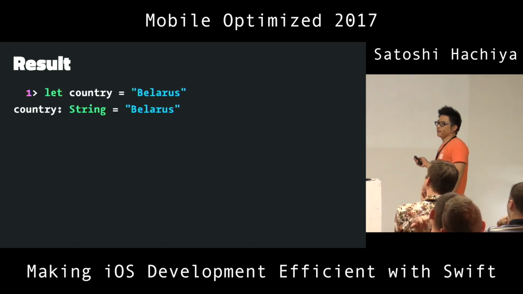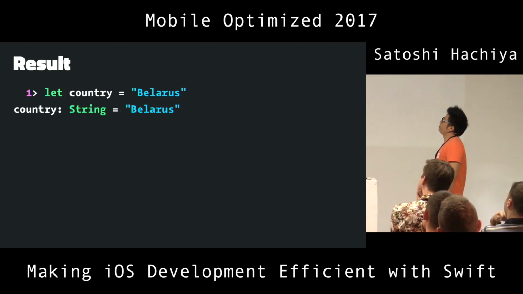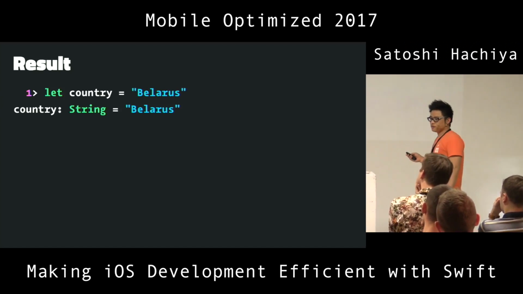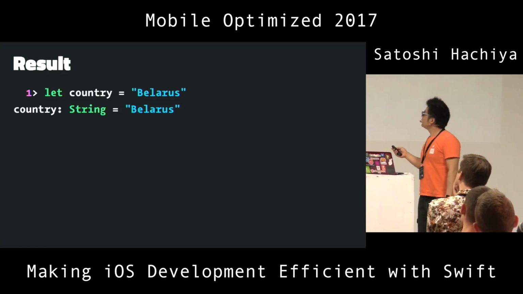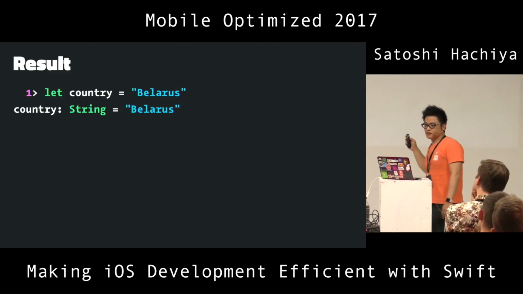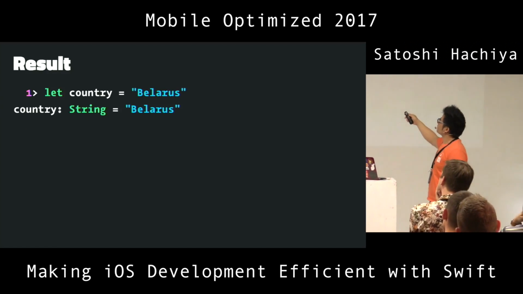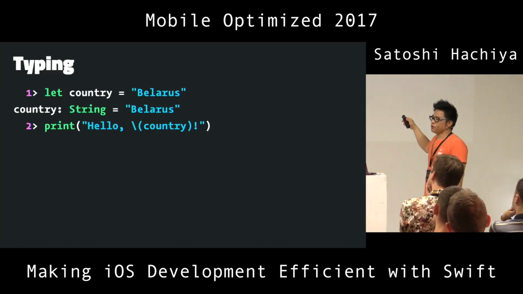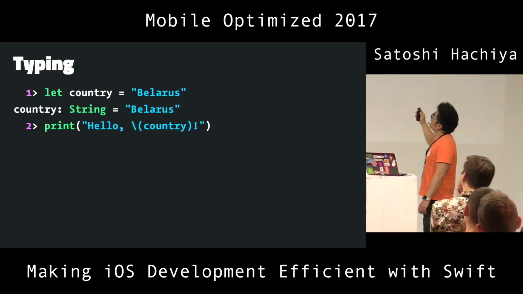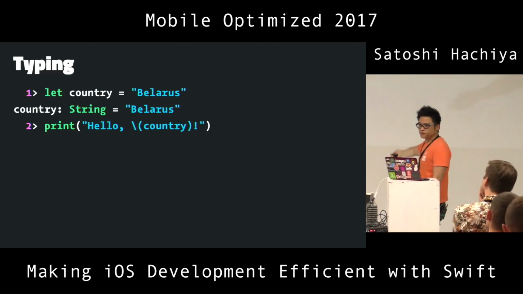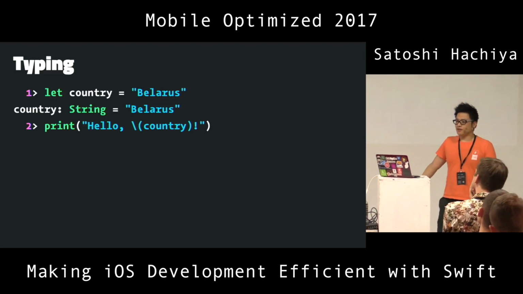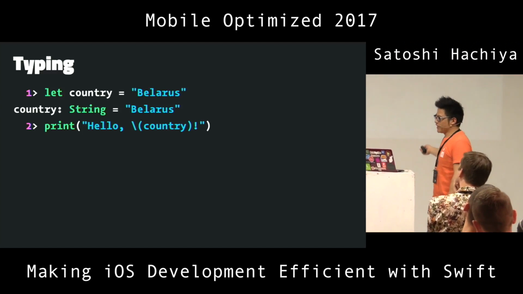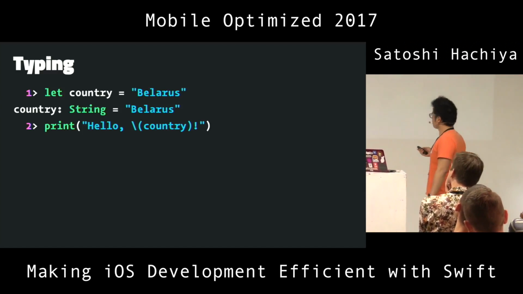First, initializing the value Belarus. Then, the value of country is shown. The type of country is assigned as String, assigned by type inference.